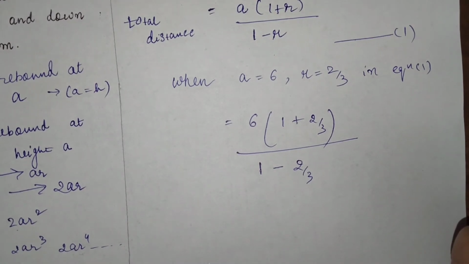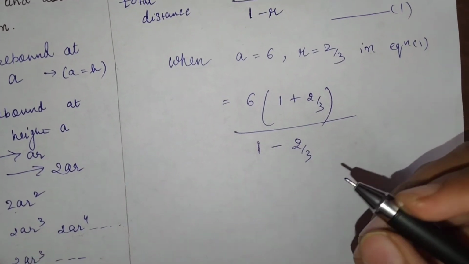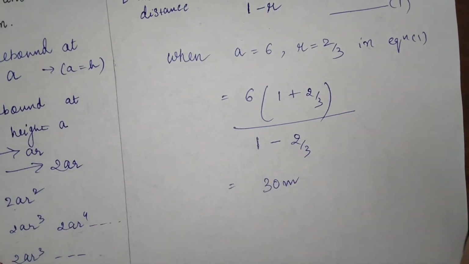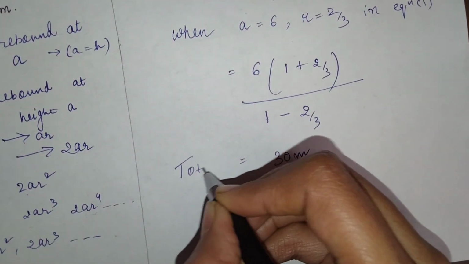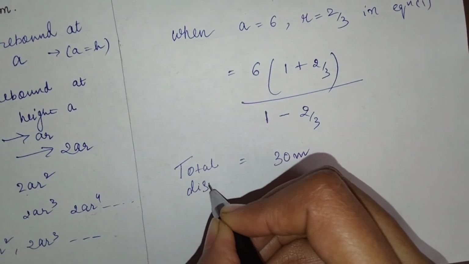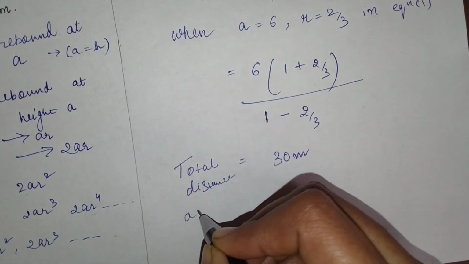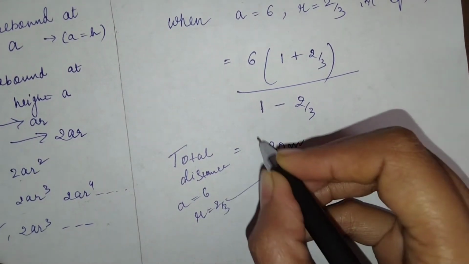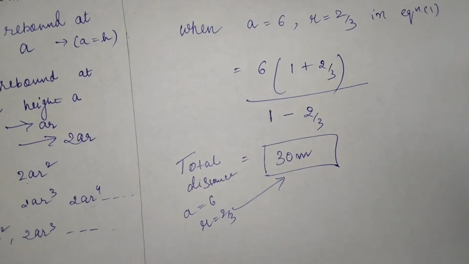And if you solve this, then you will get 30 meters. So this is the total distance of the ball whenever a is equal to 6 and r is equal to 2 by 3. Okay, so this is the answer of this example.